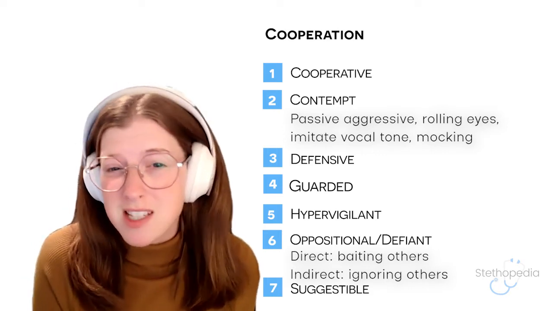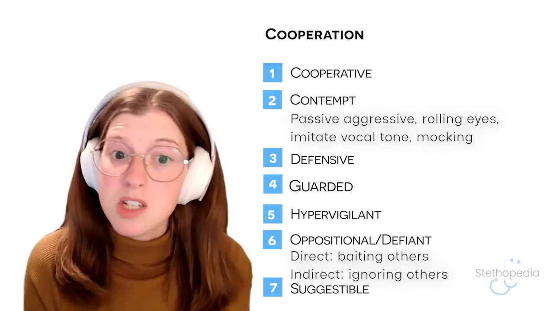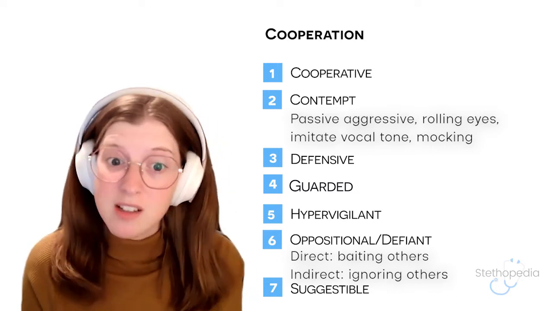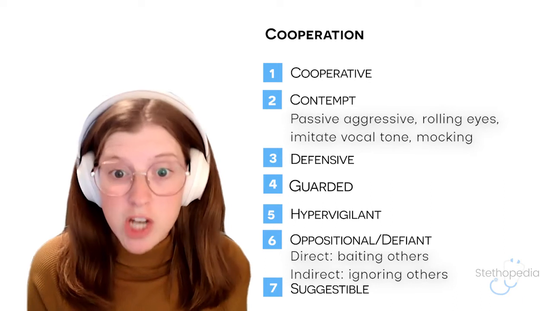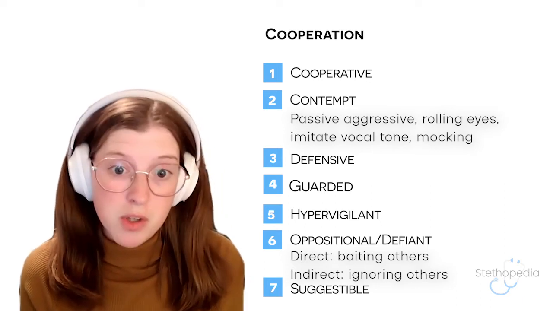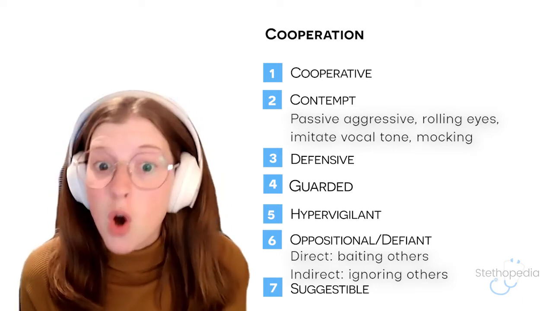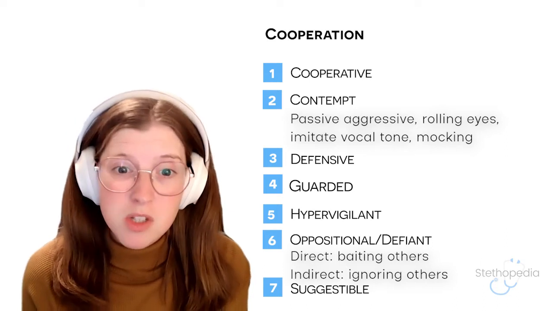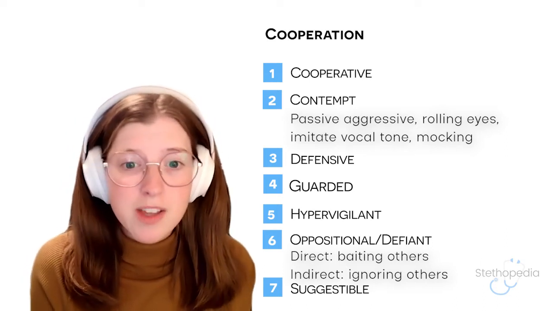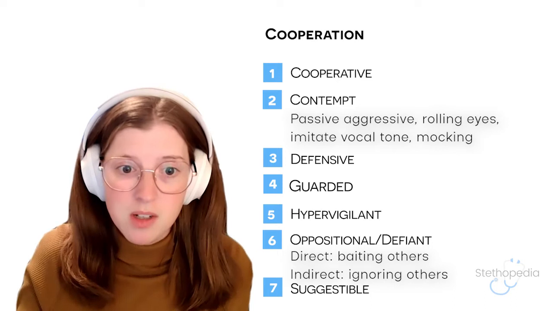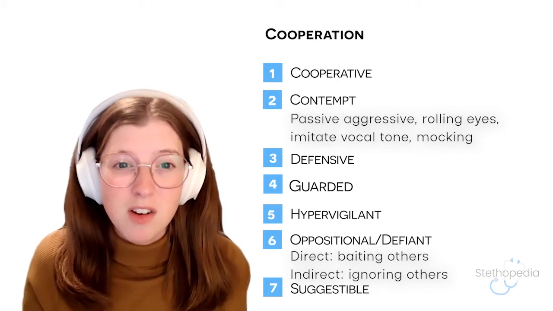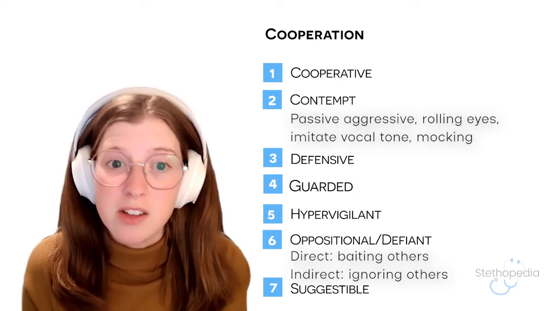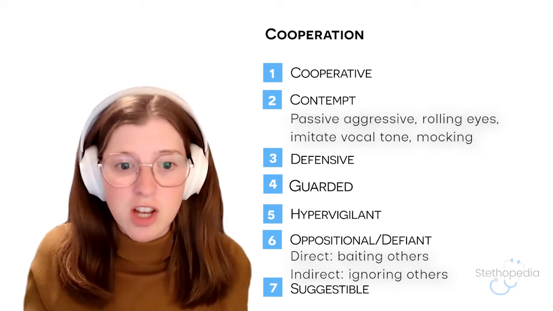Did they appear defensive? Did they appear dismissive? Were they guarded, such as being overly careful about sharing information with the interviewer? Were they closed? Were they secretive? Was there infrequent self-disclosure, or were they spontaneous in their narrative account? Was there a sense of oppositionality or defiance? Or were they highly suggestible?